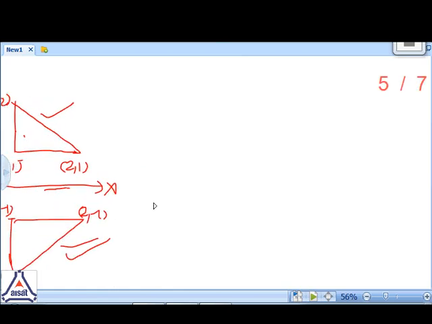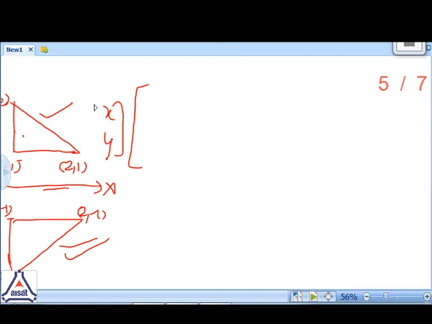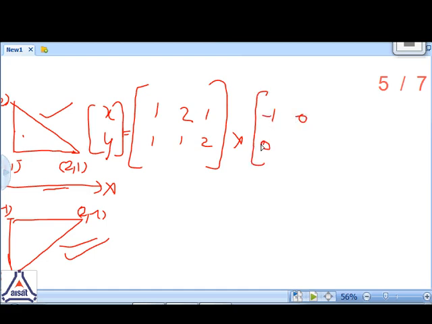The initial matrix x, y is 1 1, 2 1, 1 2. In order to get the mirror image about y, all the x coordinates will be negative. For that, we have to multiply with a matrix minus 1, 0, 0, 1.